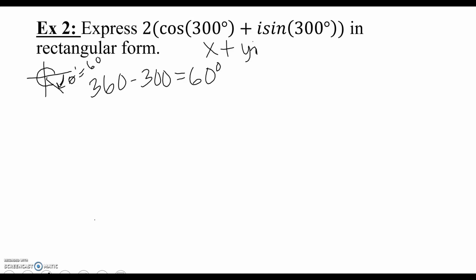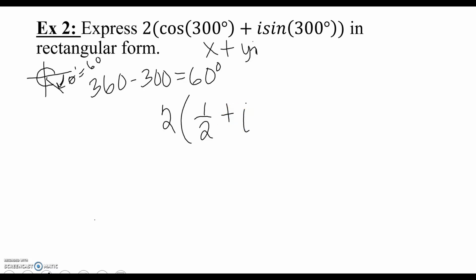Remember, the cosine of 60 degrees is 1/2, so the cosine of 300 will also be 1/2. Because the cosine is positive in the fourth quadrant, it stays positive 1/2.